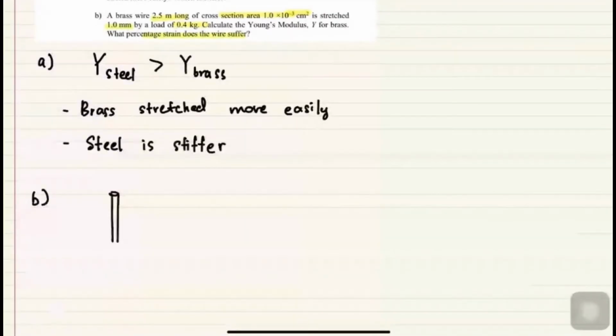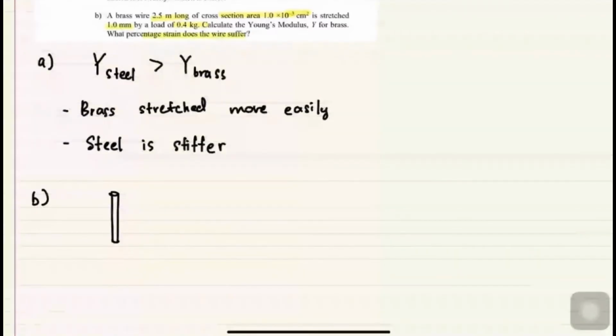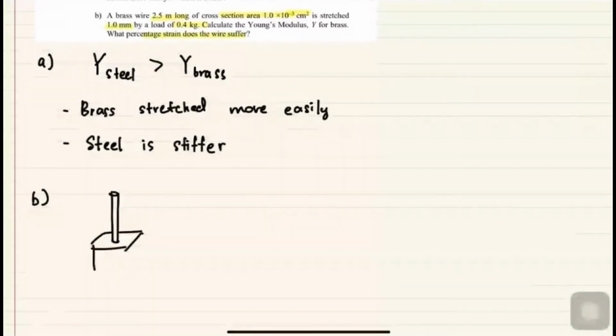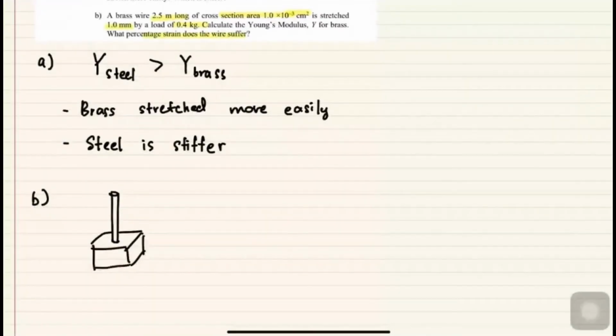So this is the wire. Okay, saya lukis dia macam 3D sikit lah. And then ada load of 0.4. Let's say this one is the load. Okay. So obviously dia stretch kat sini lah. Bergang sikit. Okay. So the mass is 0.4.